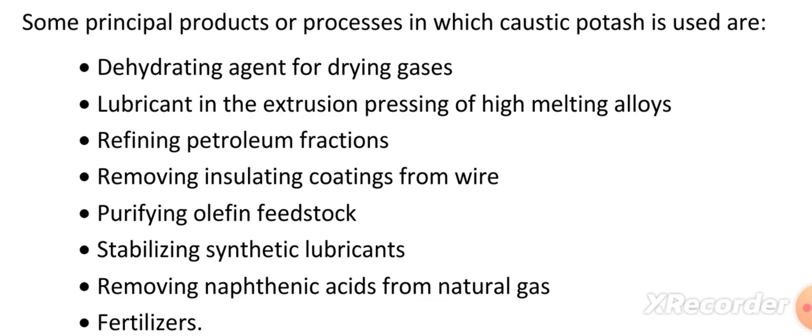Let's move ahead. What are the principal uses and consumption of potassium hydroxide? Some principal products or processes in which caustic potash is used are as follows: dehydrating agent for drying gases, lubricant in the extrusion pressing of high melting alloys, refining petroleum fractions, removing insulating coatings from wire, purifying olefin feedstock, stabilizing synthetic lubricants, removing naphthenic acid from natural gas, and last but not the least, fertilizer.